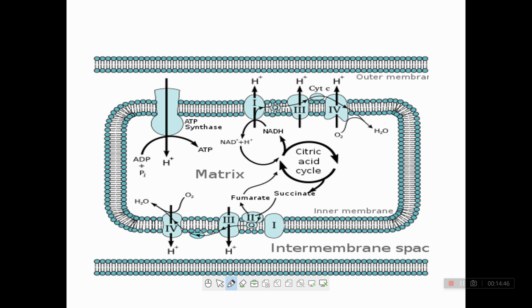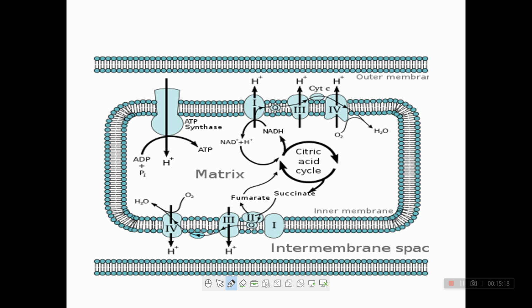After that, O2 gains this electron and is converted into a water molecule, and ATP is generated by this. What drives it? Protons, H plus ions. Okay, clear?